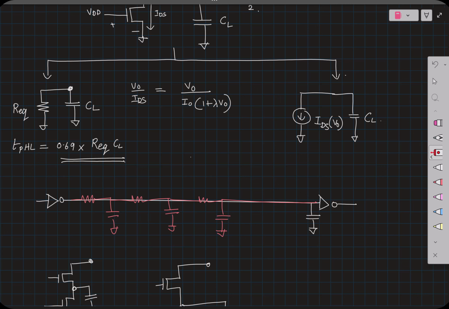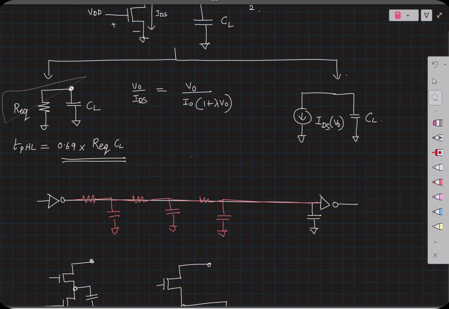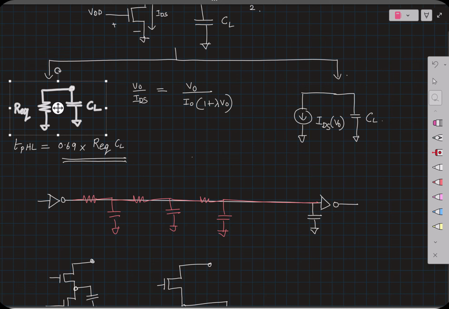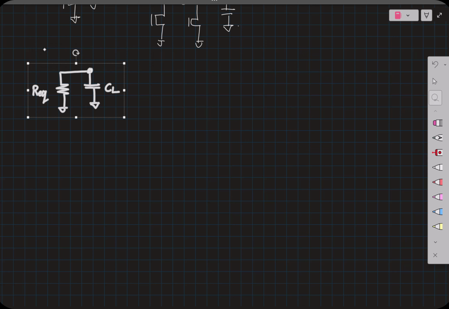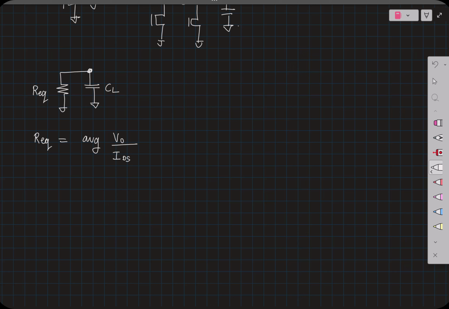Okay, so then let us see how we can calculate this R equivalent. So we said that this R equivalent is going to be the average of V0 by whatever is the current flowing through that transistor, and we take the average when the V0 is going from VDD to VDD by 2.